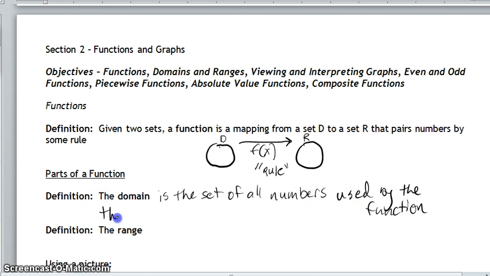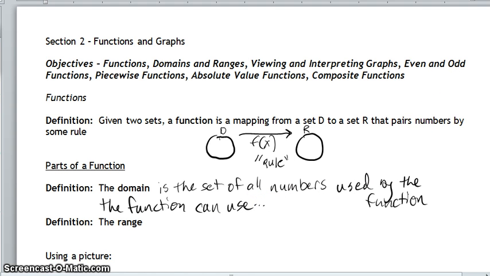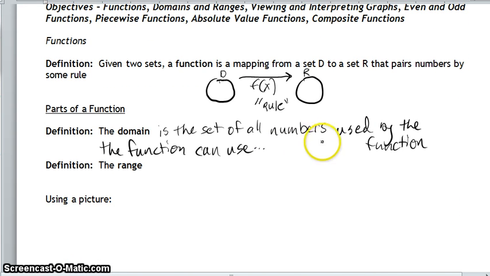Okay, so whatever the function is, it's all the numbers that this function can use. They are also called inputs for a reason, because it's what you can put into the function.